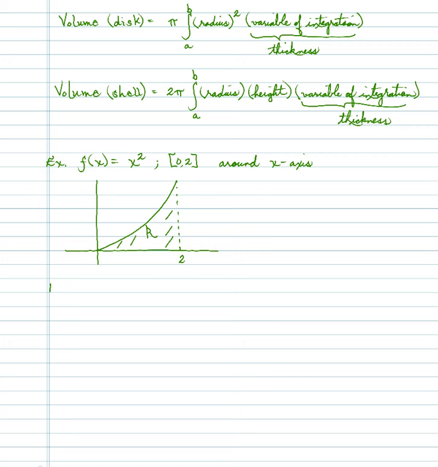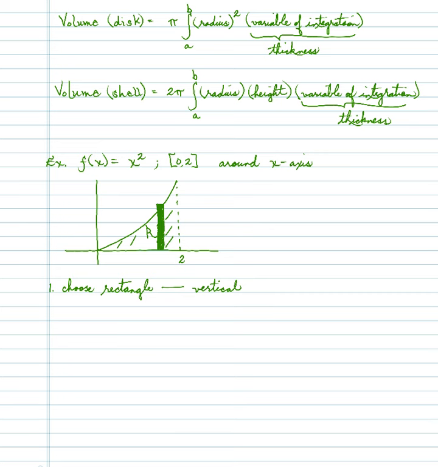So the first thing we're doing is choosing the rectangle, and in this case we're doing the vertical. Let's draw that in. The vertical rectangle would look like this, and you can fill that in as you'd like.